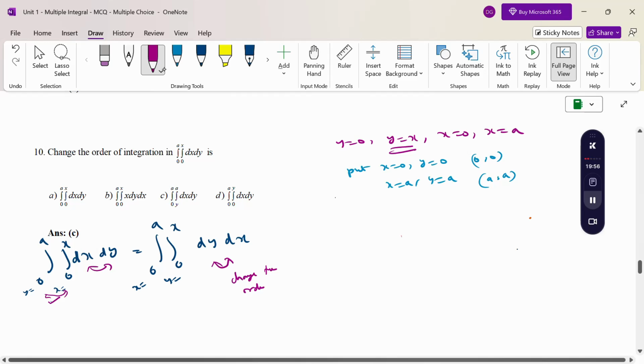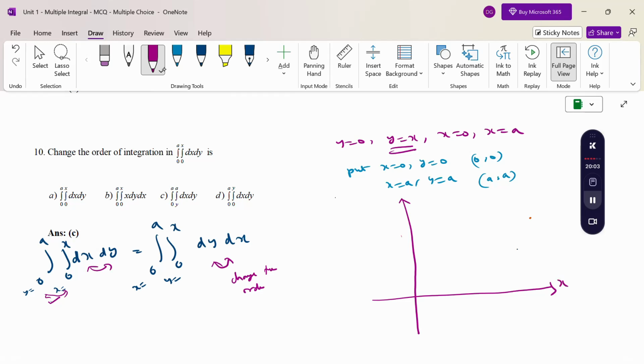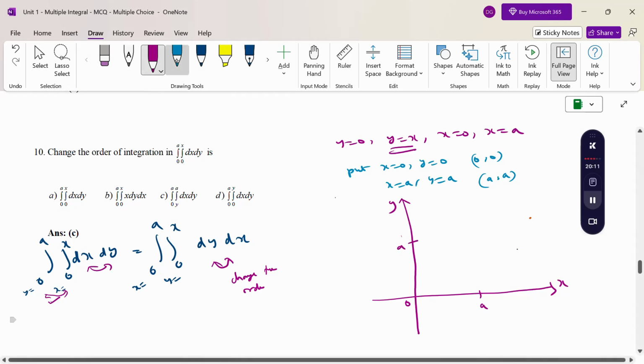Now the graph. This is our graph with x and y axes. Consider this is a on x and this is a on y. So y equal to 0 is a full line, x equal to 0 is the line on the y axis, and x equal to a is a line, y equal to a is a line.